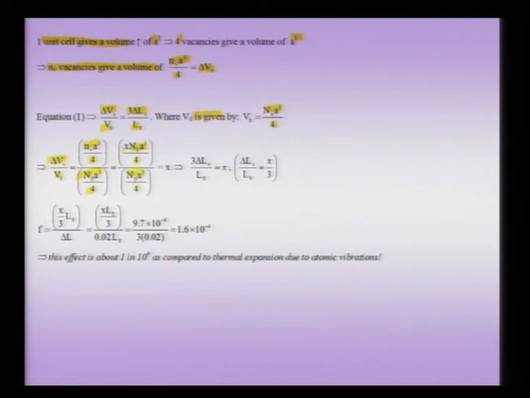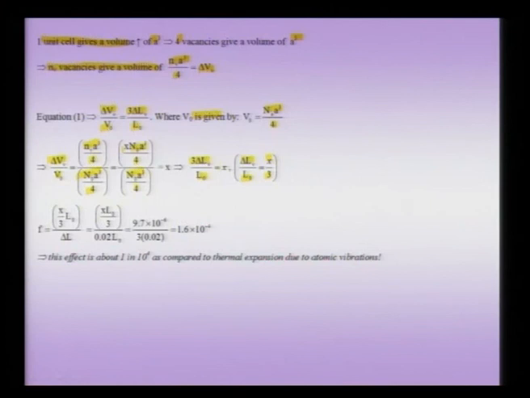This is my change in volume and this is my original volume, and this x is coming because NV A cube is x N0 A cube. So, this implies that 3 delta LV by L0 is equal to x.